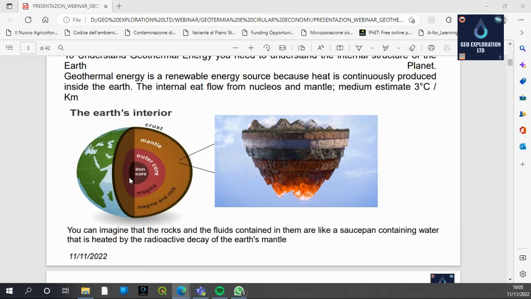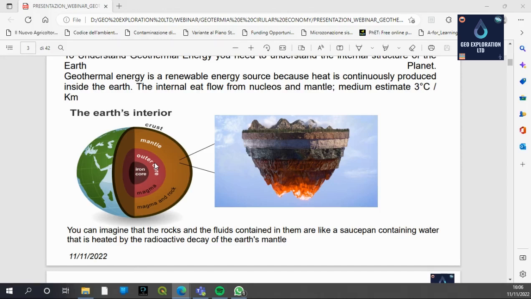In the internal Earth we have the magma and the mantle, and the decay of radioactive elements creates heat, and the high temperature is also created by very high pressure and conditions.